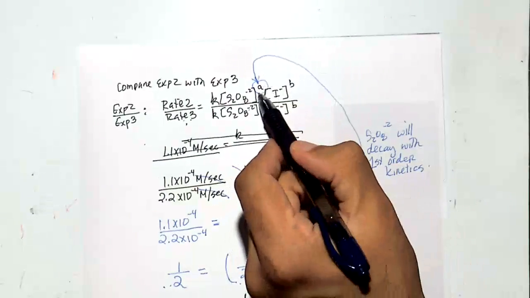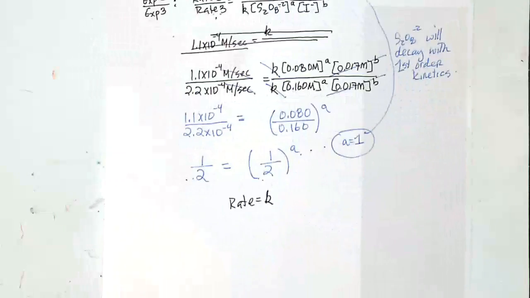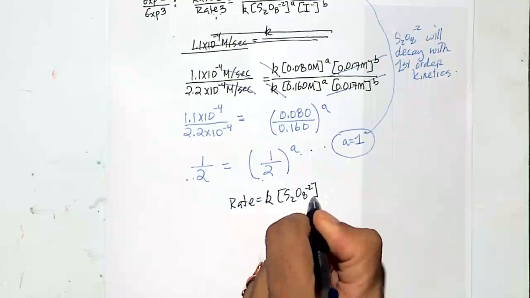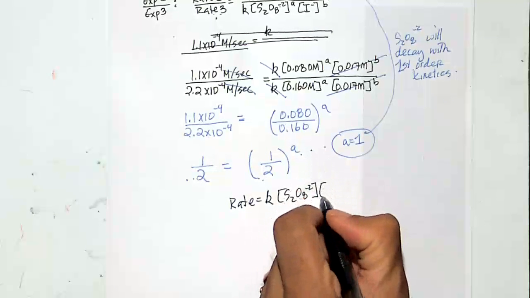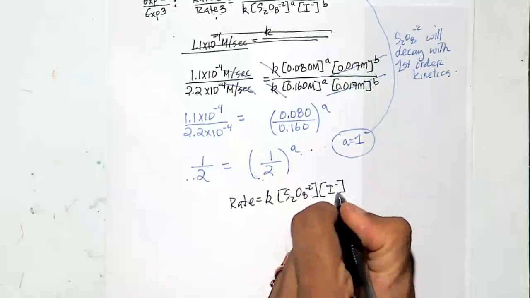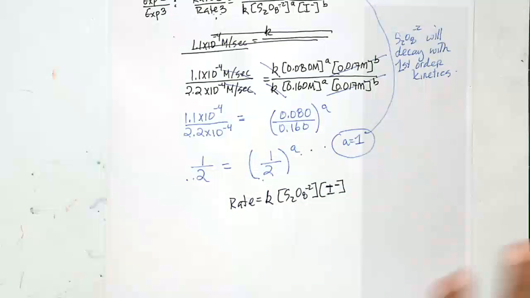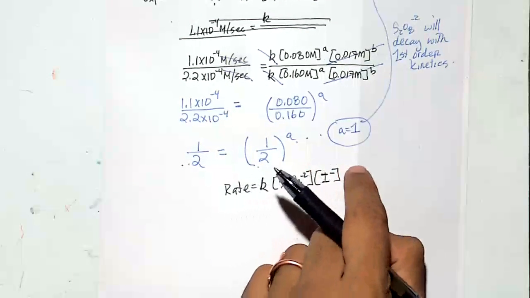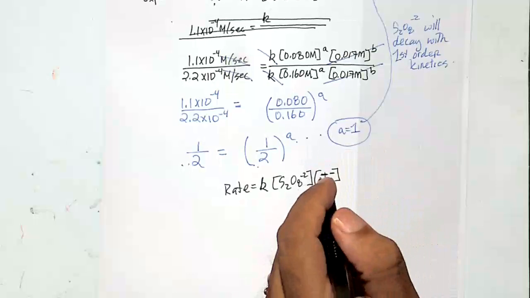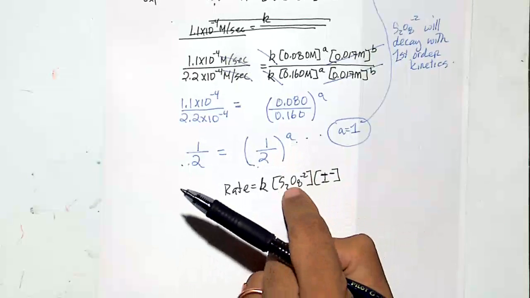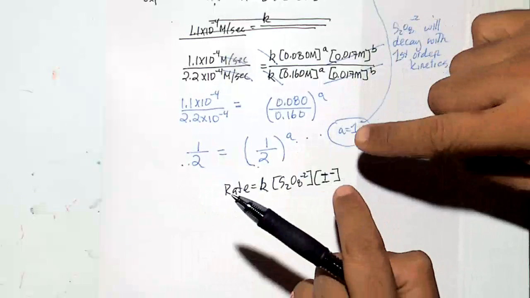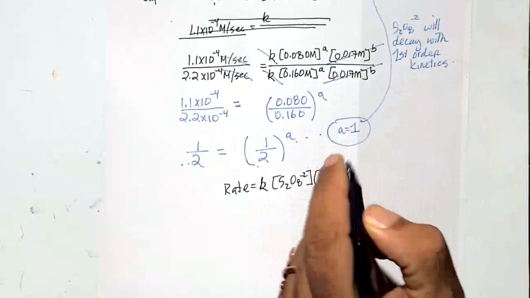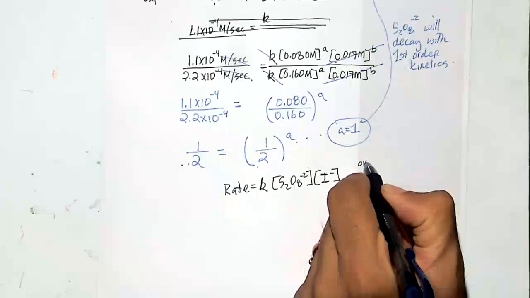Rate is equal to k. Let's substitute a equals 1 and b equals 1 in our equation. So we found a is equal to 1, b is equal to 1. The overall order is 1 plus 1. If this reactant decays with first order and this reactant decays with first order, the overall order is 1 plus 1, and that is 2.